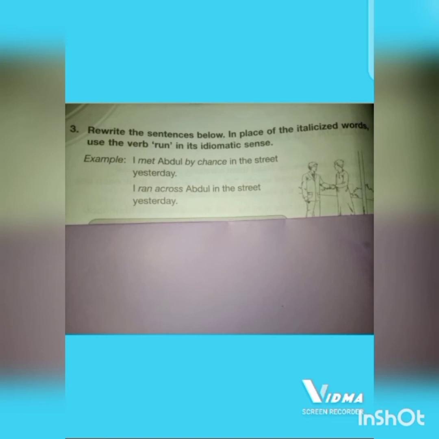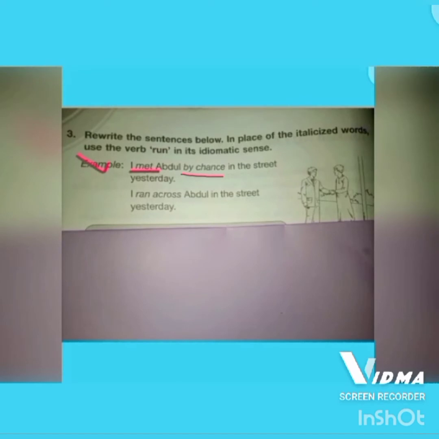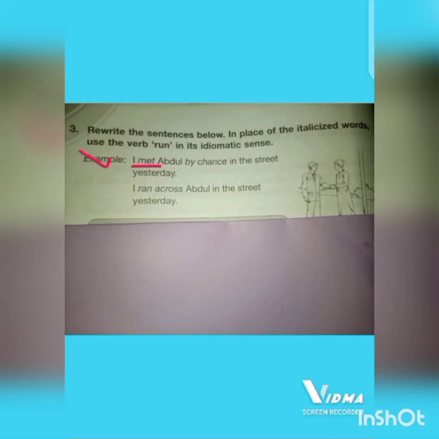For example, I met Abdul by chance in the street yesterday. Here, the italicized words are met by chance, and we can use run in its idiomatic sense, meaning to meet. I ran across Abdul in the street yesterday.